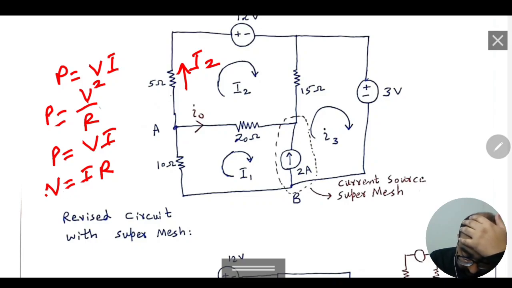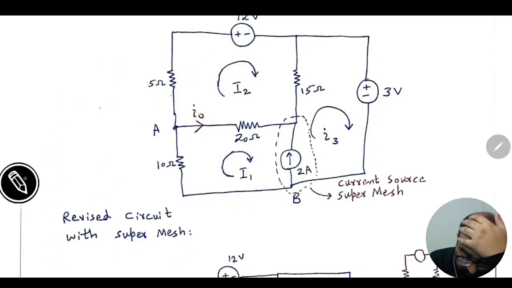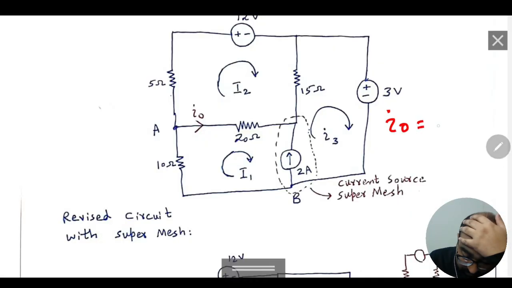But here we have to determine I0. What value did we get? I0 is equal to minus 0.6. But why is it negative? It's negative because we have assumed the direction towards this side. If the current becomes negative, it means that the actual flow of current is in the opposite direction.